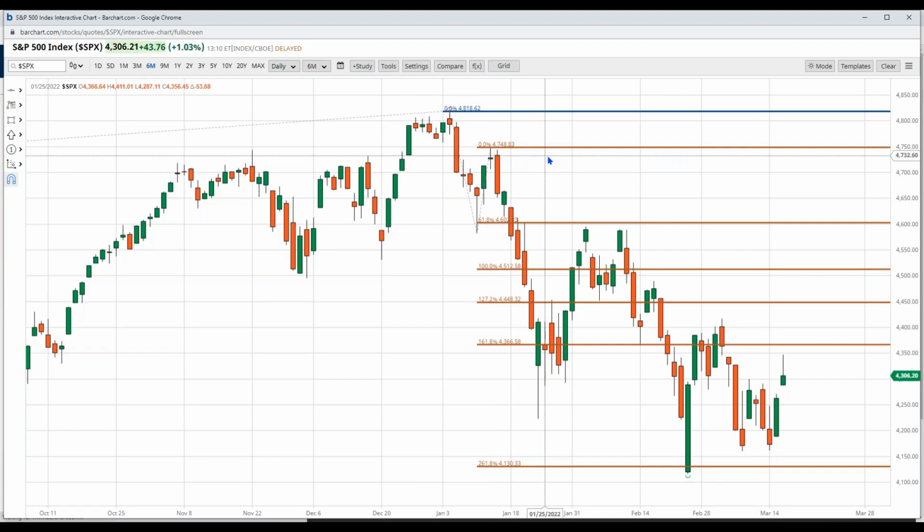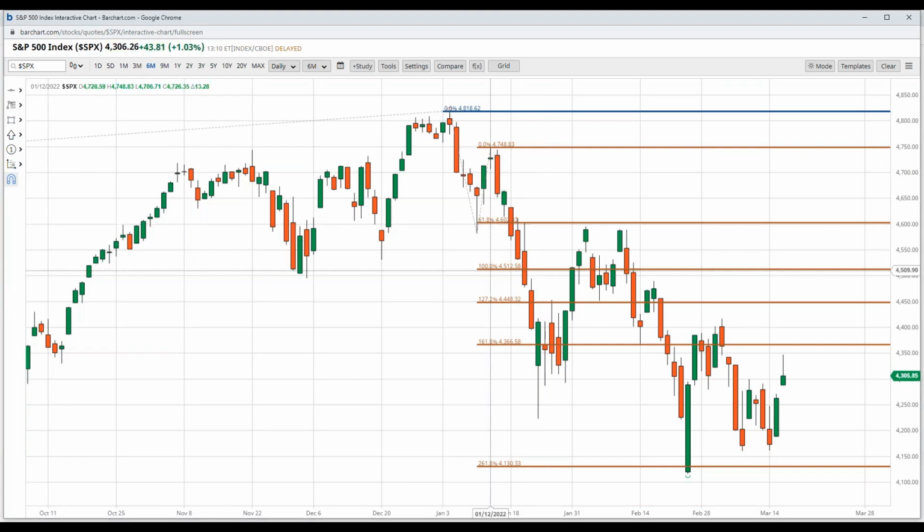And then we can see those extensions: 61, 100%, 127, 168. Again, these are more target levels for us, where we're looking for an extension of the previous price movement.